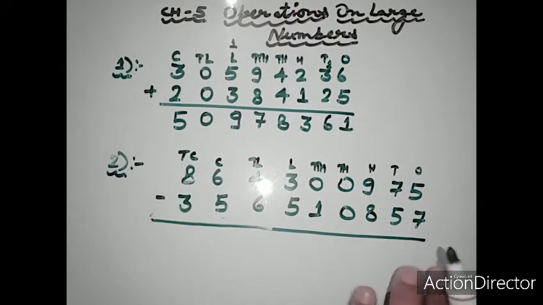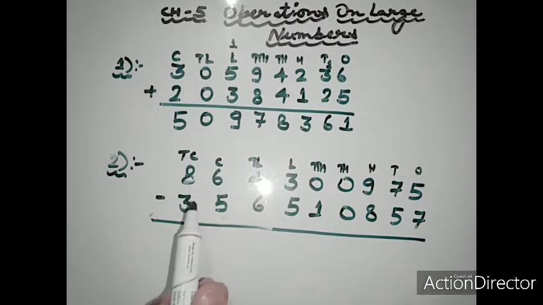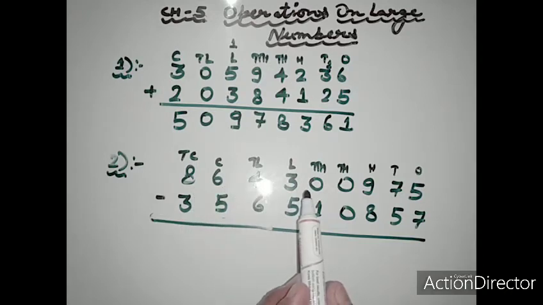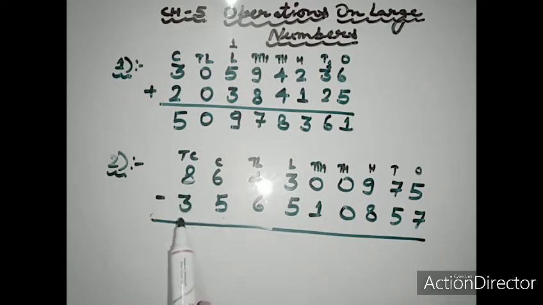So according to these places we read the first number as 86 crore 43 lakh 975. Now the second number, 35 crore 65 lakh 10,857.